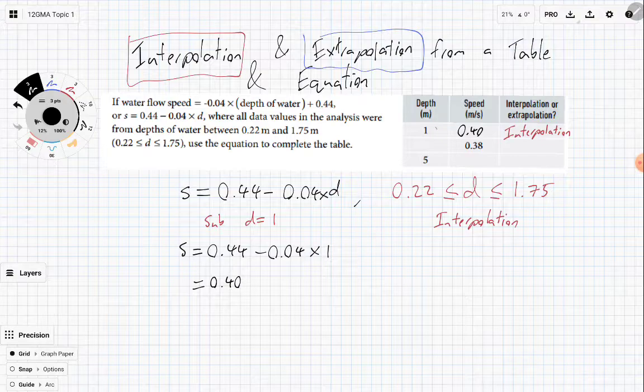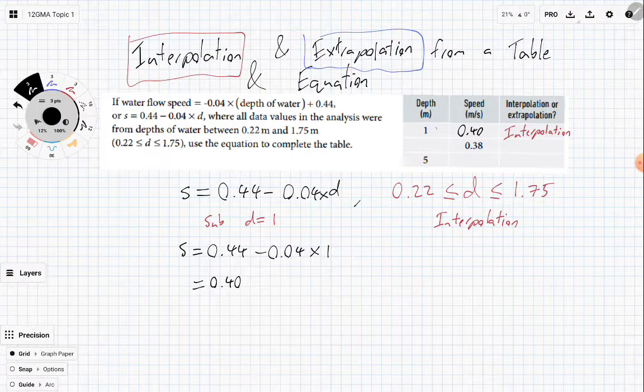The next one has actually been given to us the other way around. So it tells us the speed. Now remember, even though the speed is in between 0.22 and 1.75, the speed has nothing to do with whether we're interpolating or extrapolating. It has to do with the depth. So we need to find the depth first.